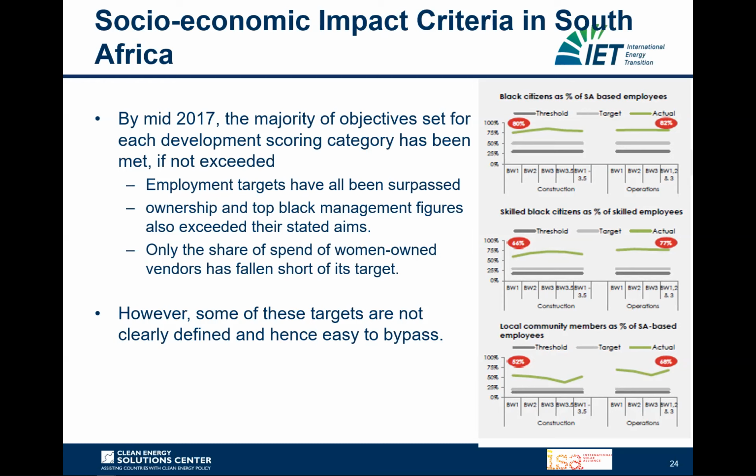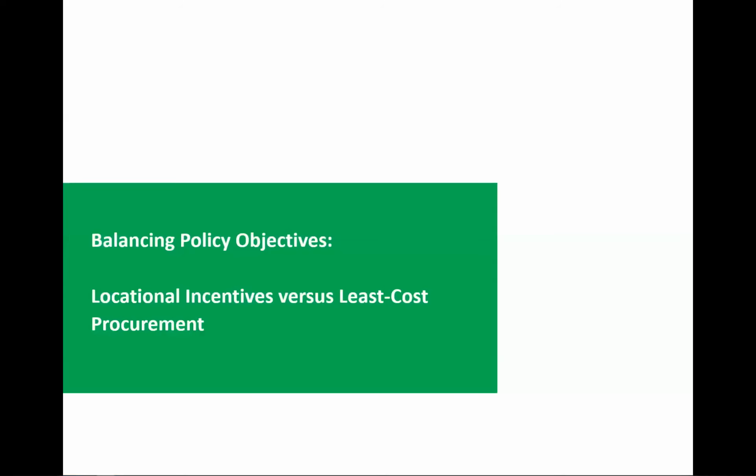Most of the targets were surpassed, for instance, in the case of employment, also in the case of ownership and top Black management. Only the share spent on women-owned vendors has not yet reached the target, but there are now initiatives to further strengthen the policy design to also reach these policy objectives within the South African auction program.